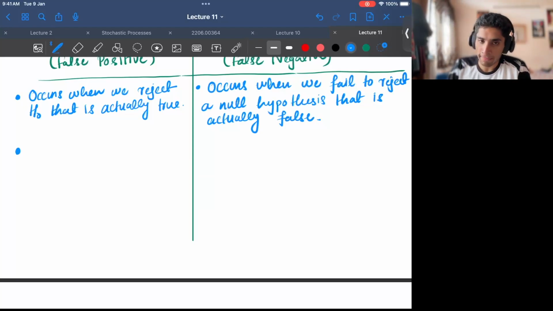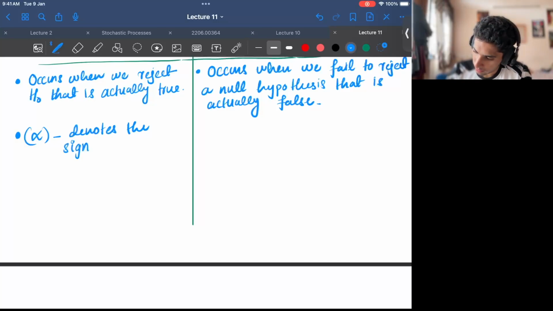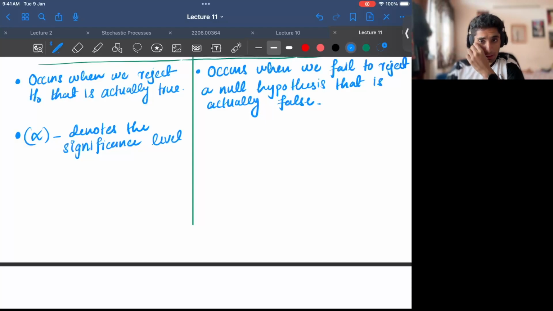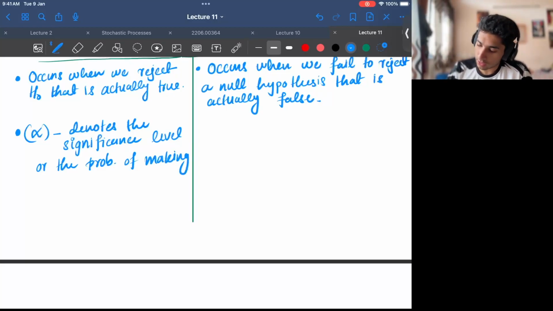So here is one. This is denoted by alpha. It denotes the significance level, or the probability of making a type 1 error.